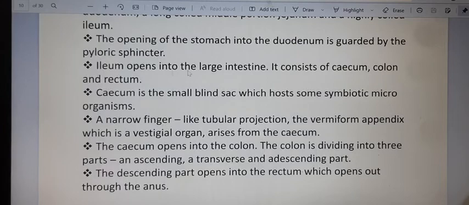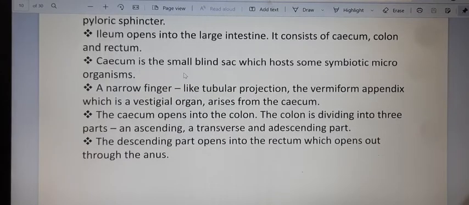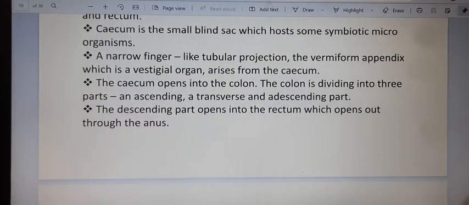Then ileum opens into large intestine. It consists of cecum, colon, and rectum. Just now I have shown you in the diagram. Cecum is the small blind sac which hosts some symbiotic microorganisms which are helping in digestion of the food.